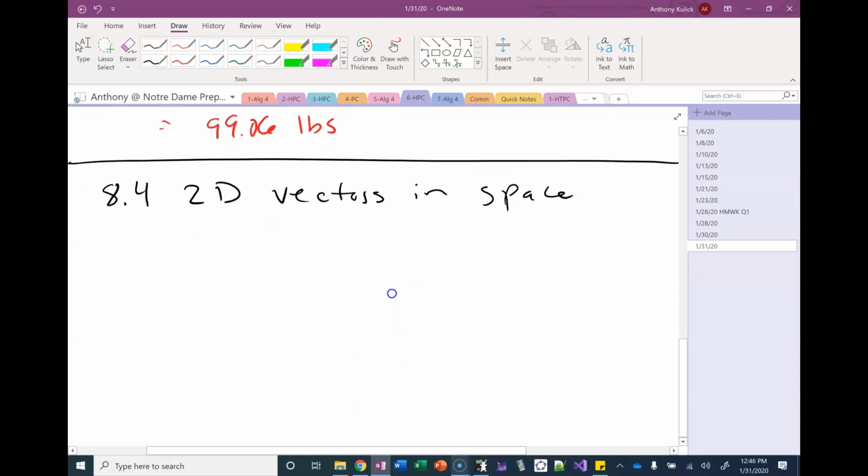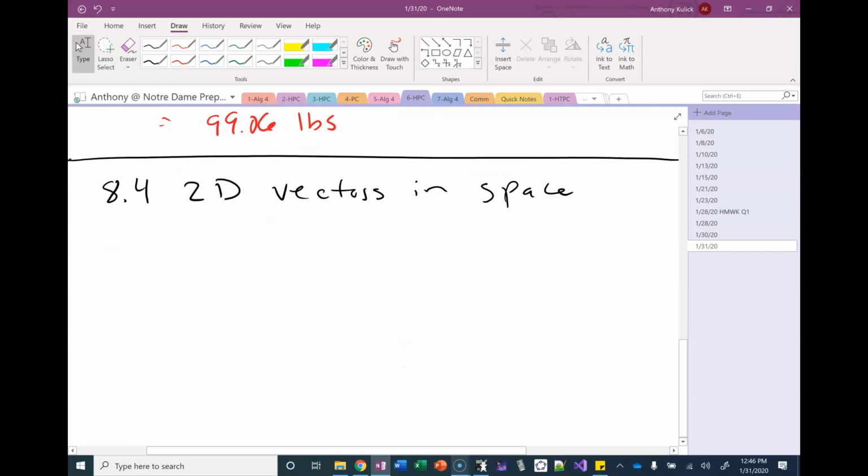So today's two-dimensional topic should feel fairly familiar. The things that we're going to be doing today are going to be very much like things you did in Algebra 1. They're just going to be like the vector version of it.